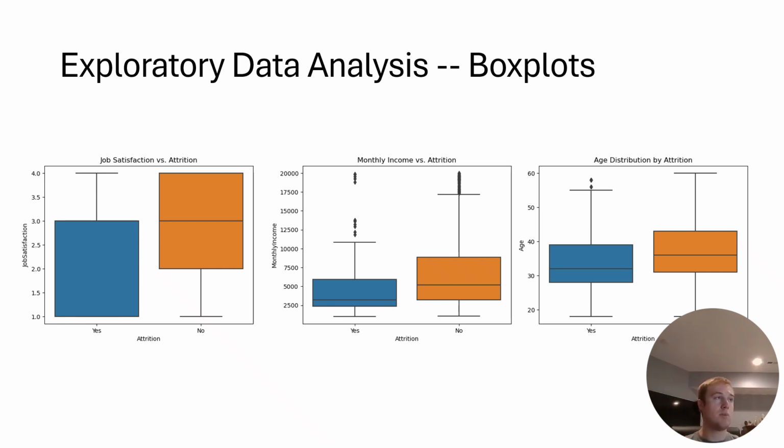In the middle box plot, we're looking at monthly income versus attrition, and the key takeaway from this is that the lower your monthly income, the more likely your attrition value is going to be yes. And then on the right hand side, we're looking at age distribution by attrition, and the key takeaway from here is that those who are younger are more likely to have attrition values of yes than those who are older.